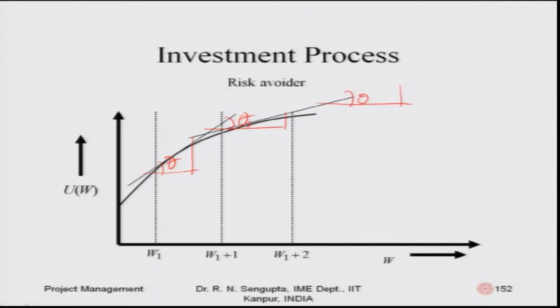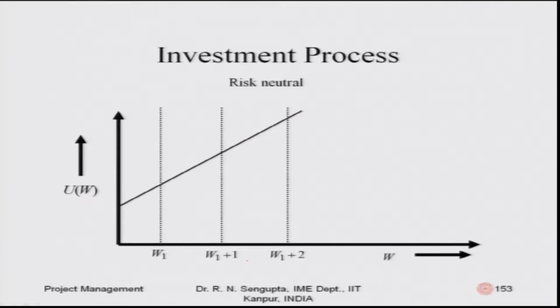Here is this theta, here is the theta, here is the theta. So, it is increasing, but the rate of change is decreasing, hence it is basically a risk avoider. For values, I have taken arbitrarily, to show it clearly, W1, W1 plus 1, W1 plus 2 and so on.